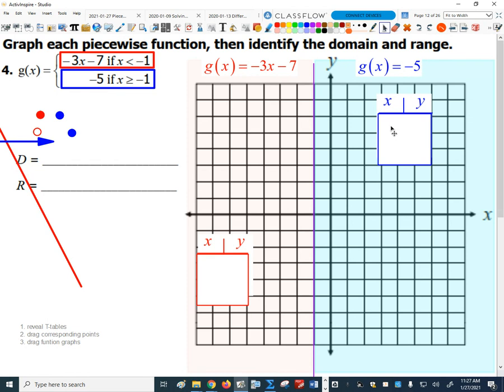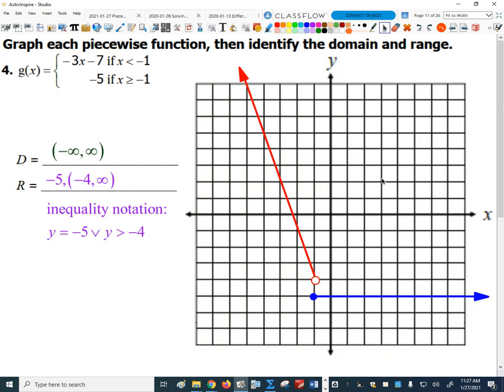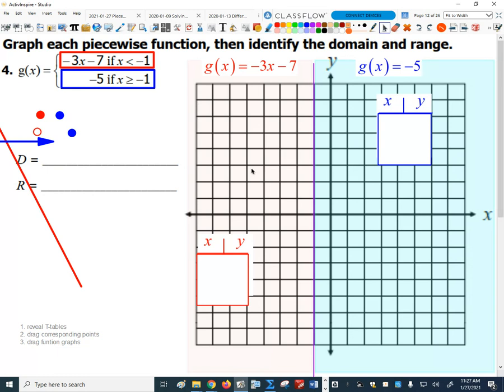What was the question? What's an x value I definitely want to use to create one of my red points? I'm trying to build the red ray. I want to graph the red piece in the red region. -1, I definitely want to include because that's at my boundary, don't I?